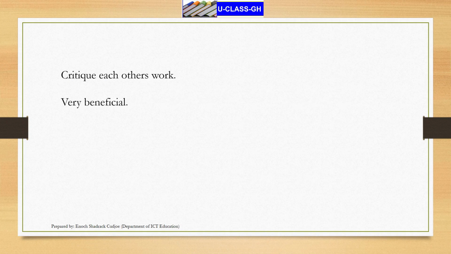It's very beneficial because students get the benefit of a perspective other than the instructor's, so they don't get stuck to one perspective every day, what the teacher thinks. This time around they get perspectives from their own colleagues, because they are critiquing their colleagues' work.